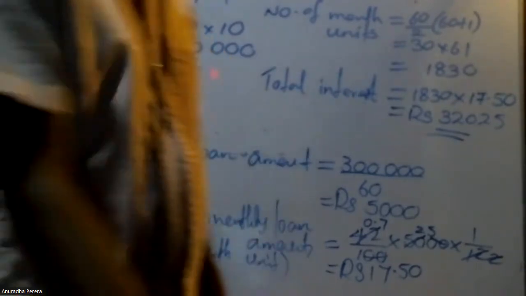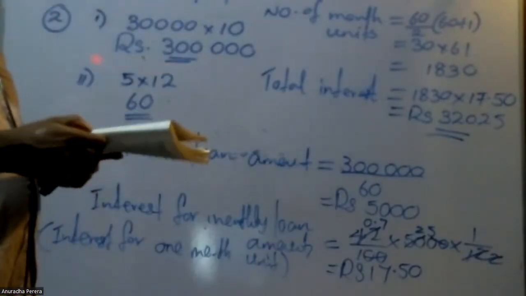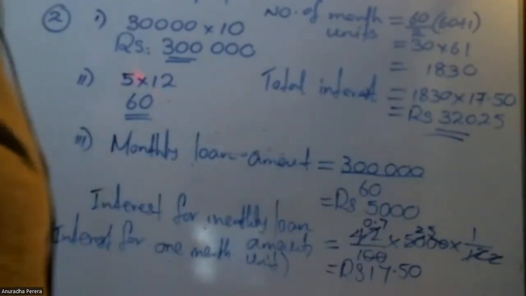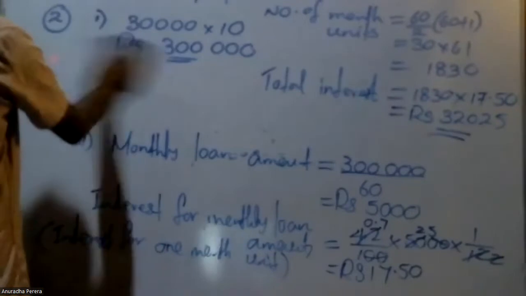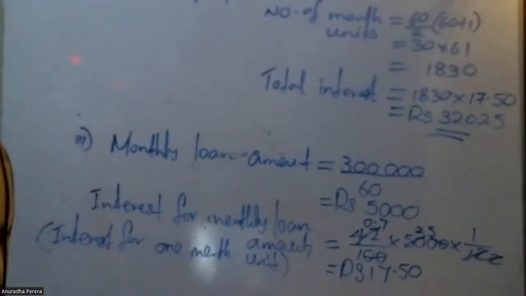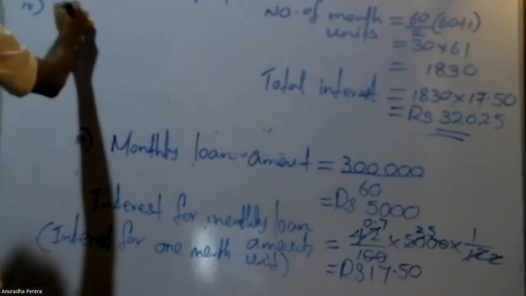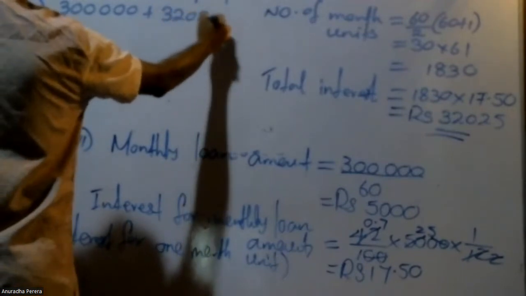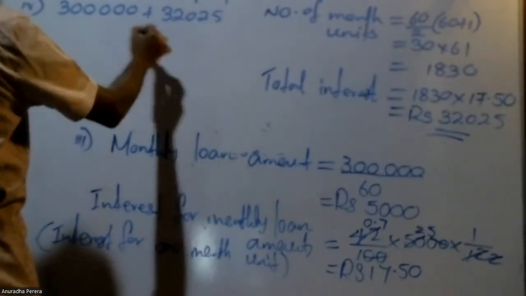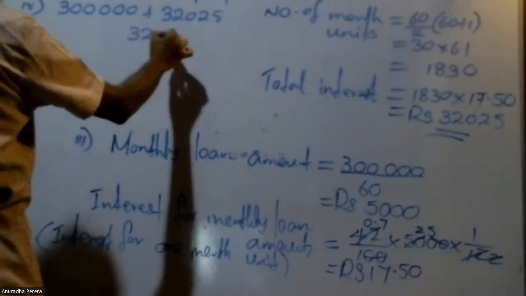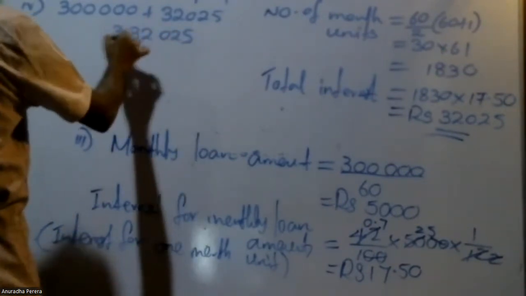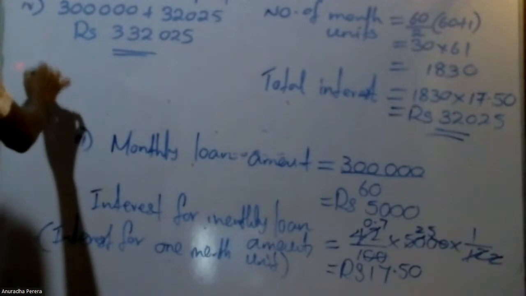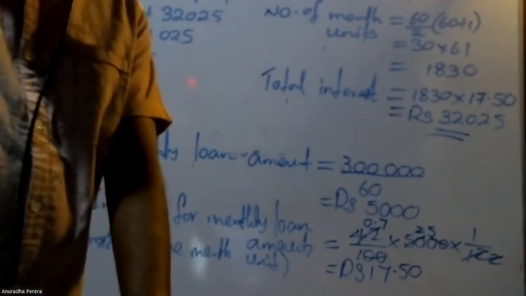Next part. What is the total amount due under the reducing loan? To find it, you know the loan amount is 300,000 and the total interest 32,025. Now, 332,025. Fifth question. Find the amount of monthly installment.